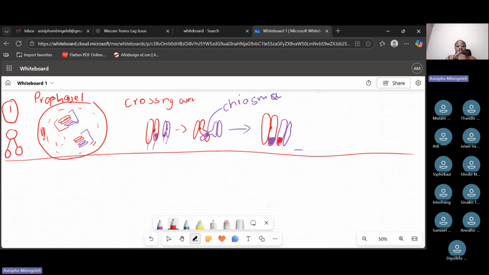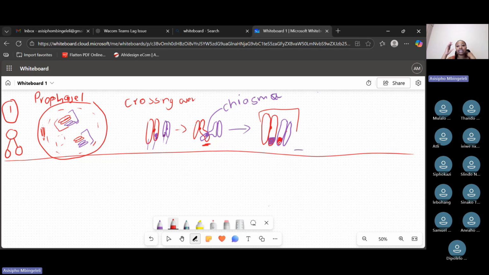Non-sister chromatids will then overlap at a point called chiasma, and then cross over to exchange genetic material. At the end, you will have a homologous pair of chromosomes, but now the chromatid from the mother has genetic material from the father. The chromatid from the father has genetic material from the mother.